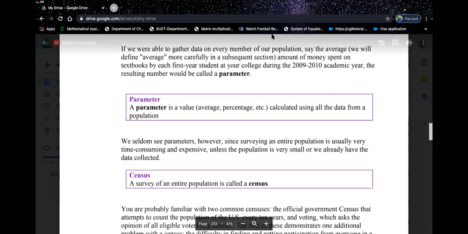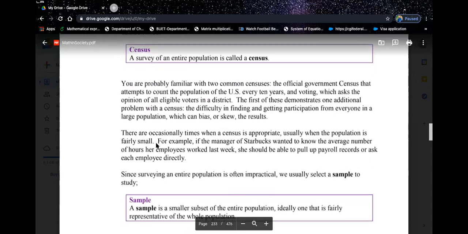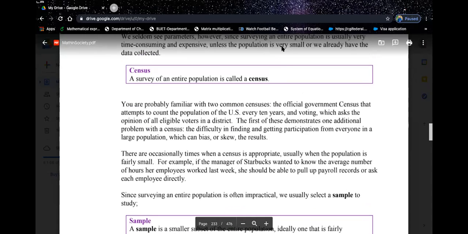Okay, now next, the next definition we have is called the census. And I guess most of you are already familiar with this definition. So when you operate a survey on the entire population, we call it a census.